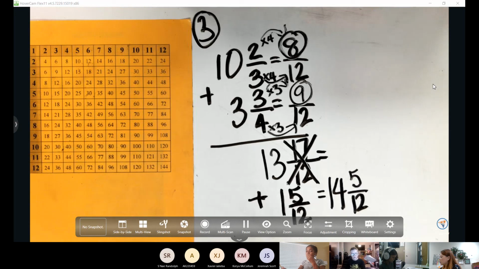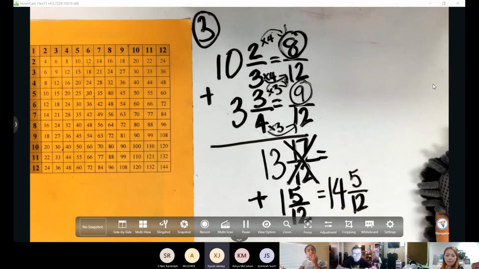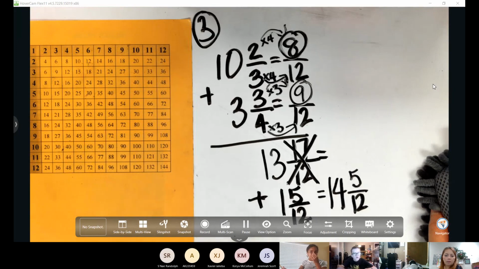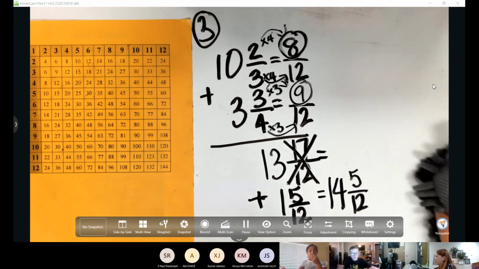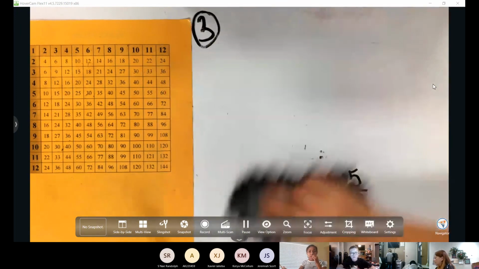Okay, so we know that the total that we have for Xavier's vegetable garden is 14 and 5 twelfths. Okay, can I erase? Slade, are you good? Can I erase? Yes. Okay, so now here's the second step.